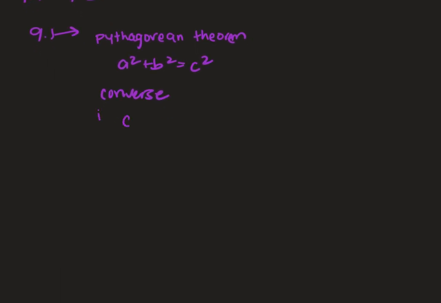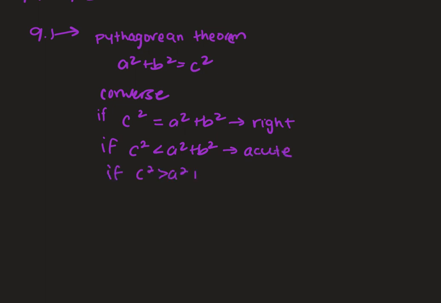So if c squared equals a squared plus b squared, then it's right. If c squared is less than a squared plus b squared, then it's acute. And if c squared is greater than a squared plus b squared, then it's obtuse.